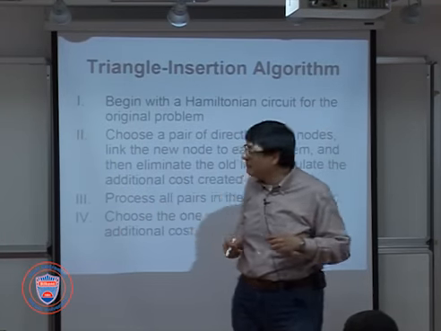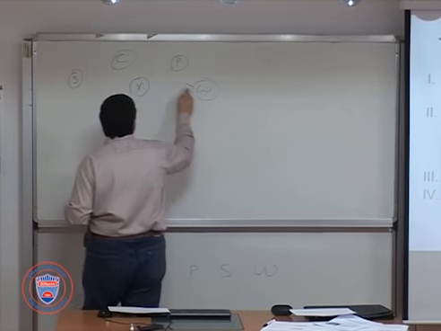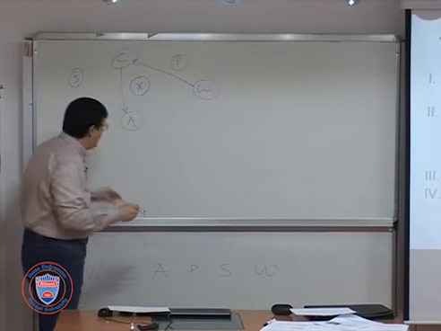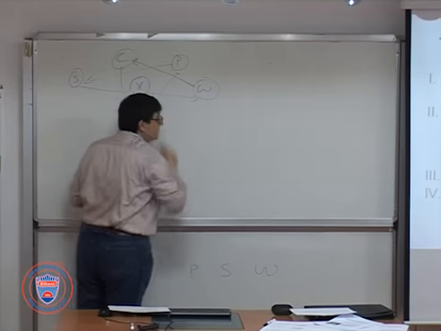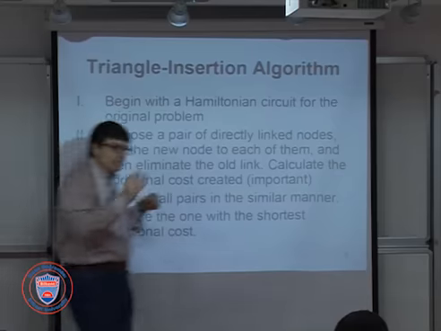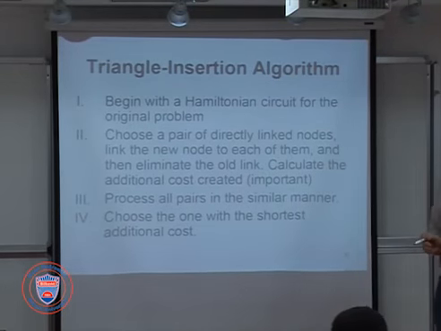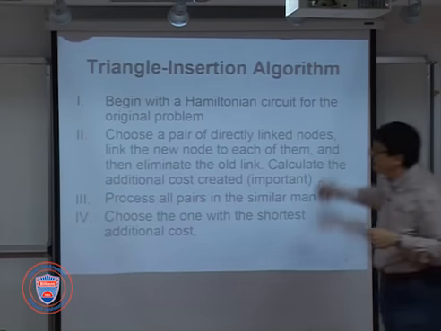Previously, the way that I was flying was from W to C, from C to A, from A to P, from P to S, and from S to W. That's my previous flight. Now I'm going to have this X coming into the picture. This is the best way of applying the triangle insertion. It tells the logic, actually, of the algorithm.